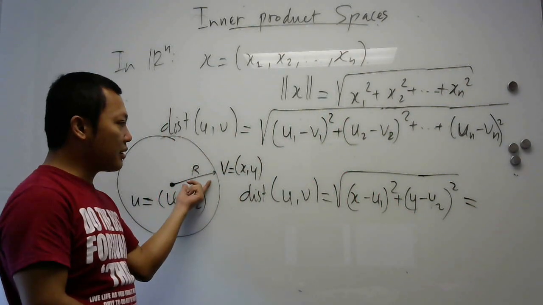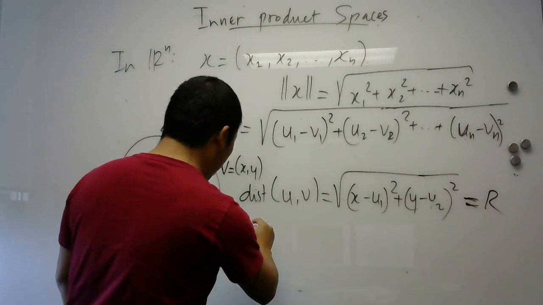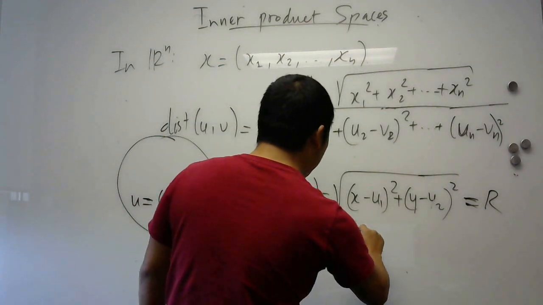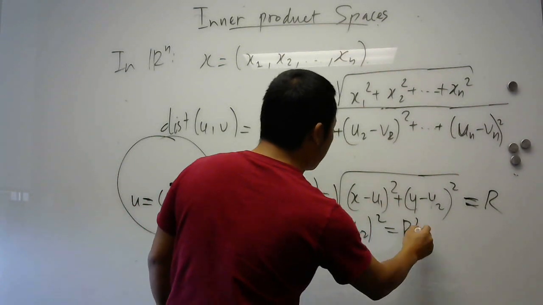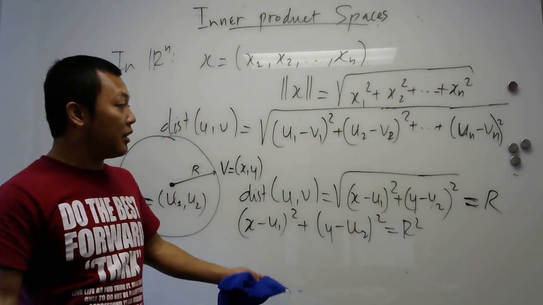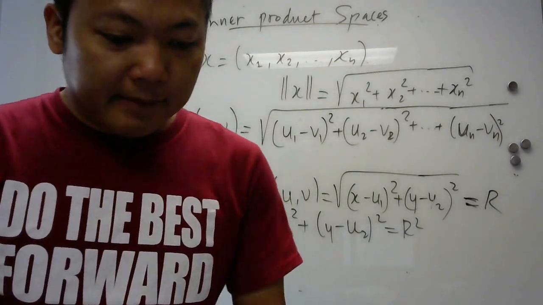Since that is a constant, I put that equal to r. Then I square both sides, and I get x minus u1 squared plus y minus u2 squared equals r squared. So you know this equation from high school. That comes from the distance formula.